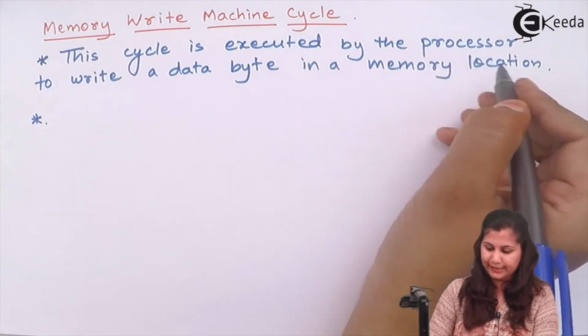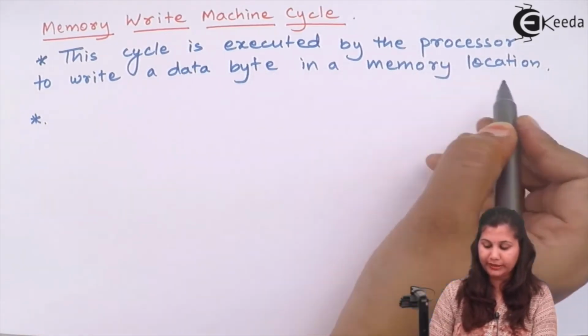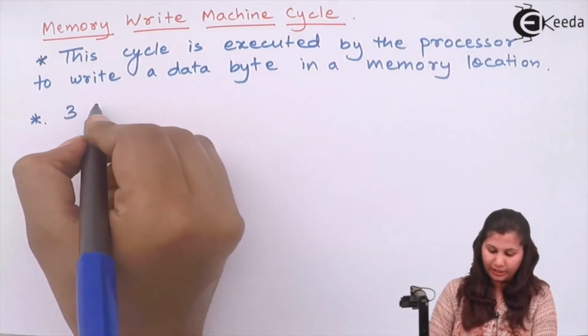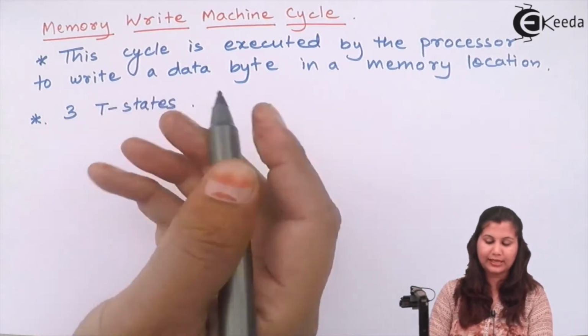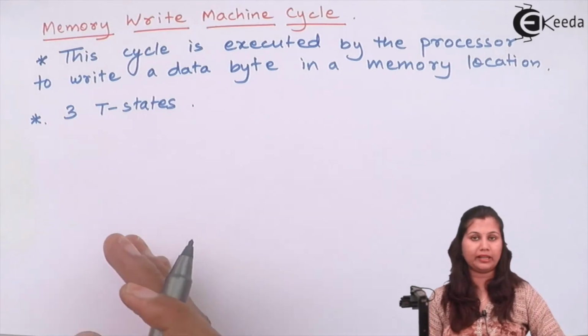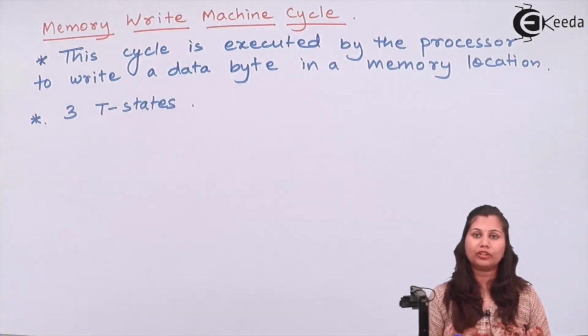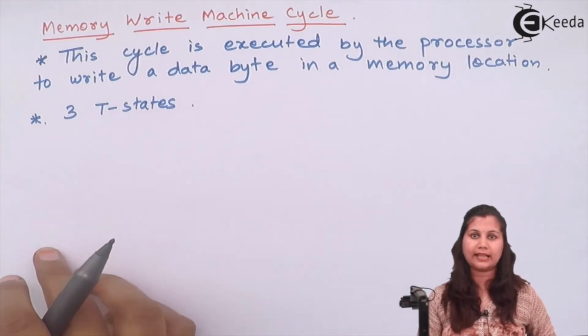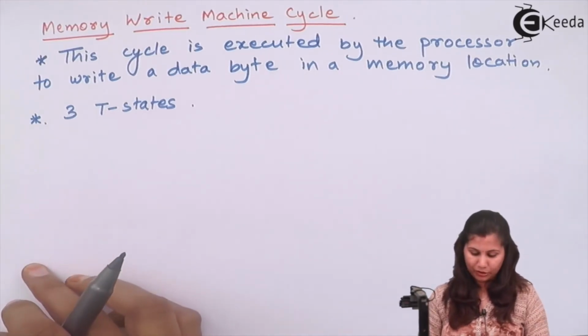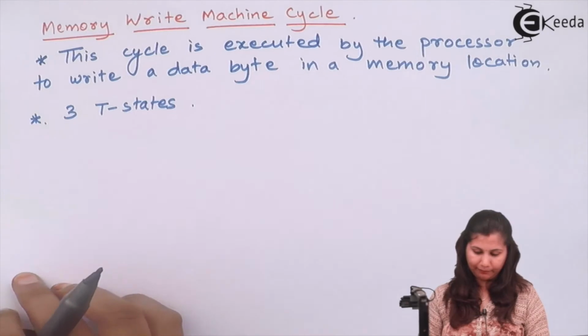So this cycle is executed by the processor to write a data byte in a memory location. It also requires 3 T states, just like the memory read. The only difference is that of the read signal and the write signal. Otherwise, the T states and the timing diagram are the same. So let's see the timing diagram for this memory write machine cycle.